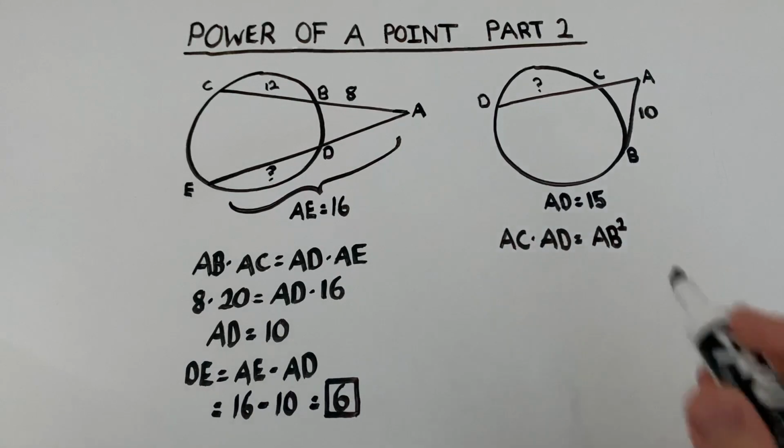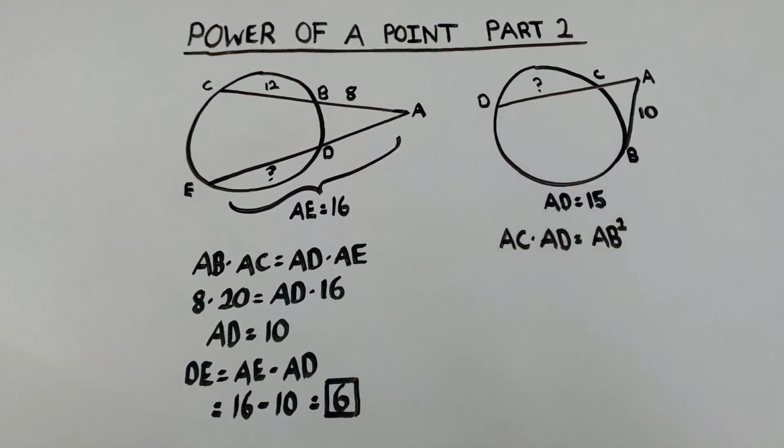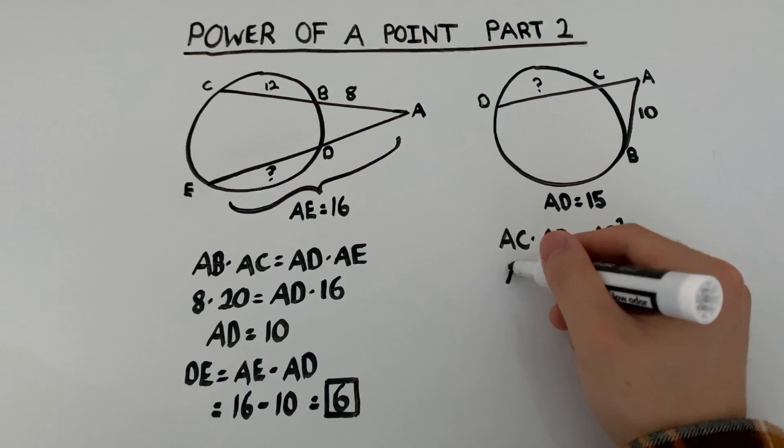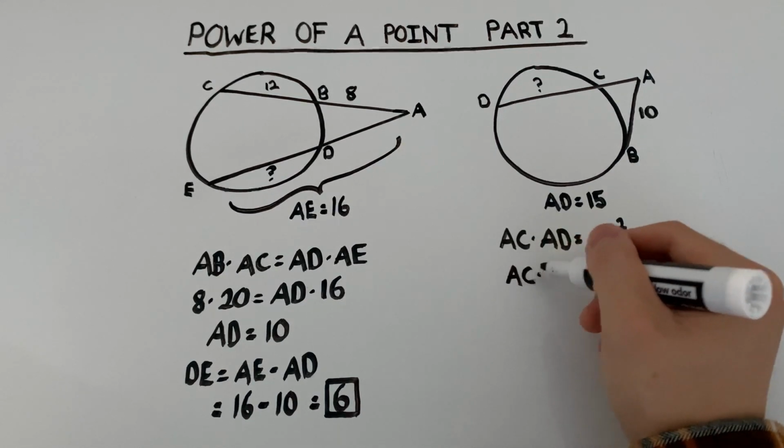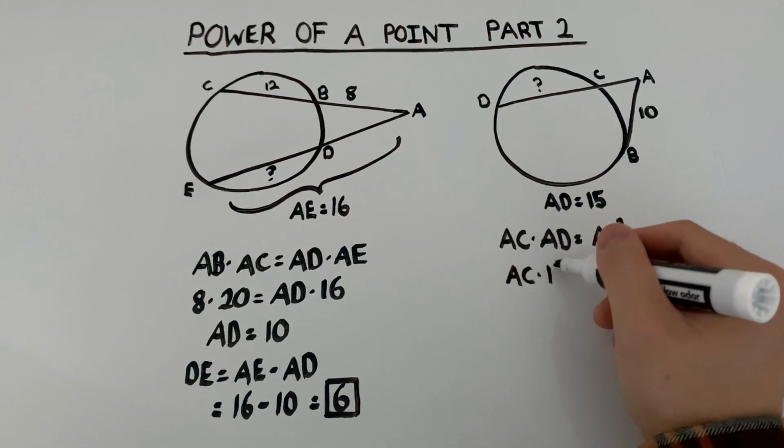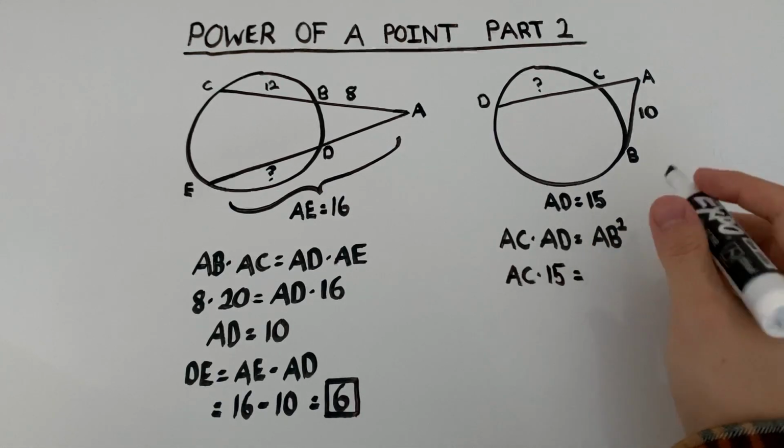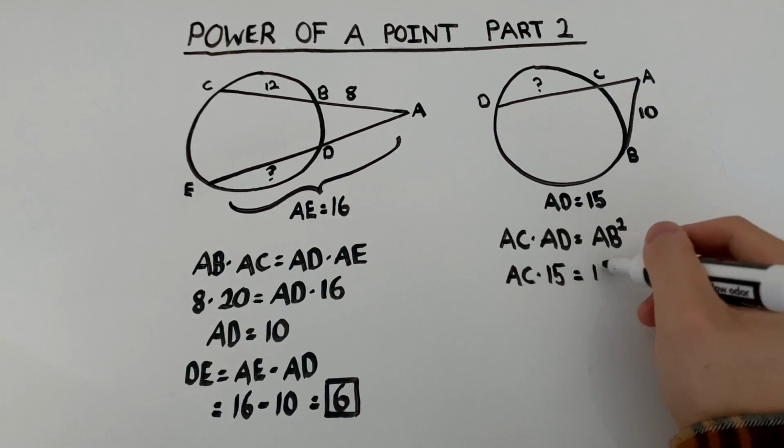So we're using the tangent version of the power of a point formula. Let's fill in what we know. We don't know AC. We do know AD is equal to 15 and AB is 10.